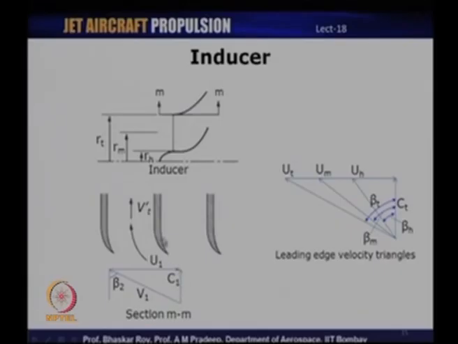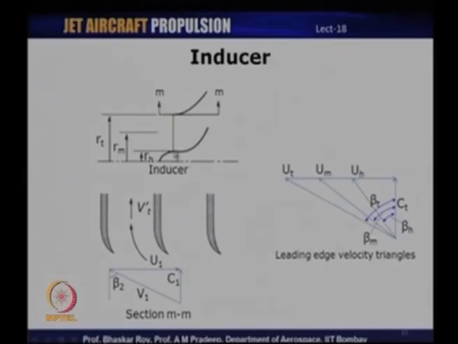As a result of the rotation of the impeller, we have a blade speed here, and therefore, the relative velocity v1. In the absence of any inducer, this component would not have been there, so the flow would enter the impeller at an angle of beta 2, which means that without the inducer, the flow would have impinged on the rotor at very high incidence, and obviously, the flow might separate, leading to loss of performance.